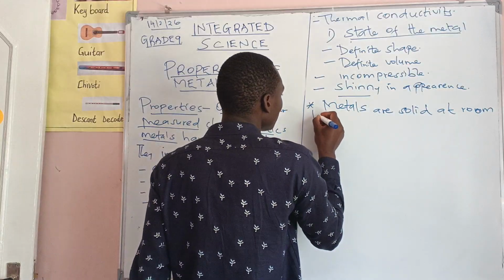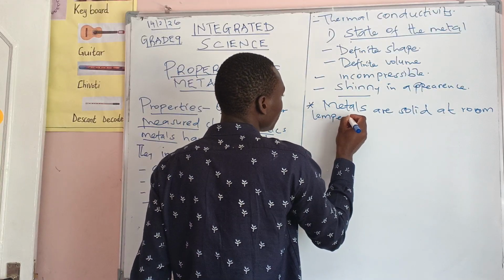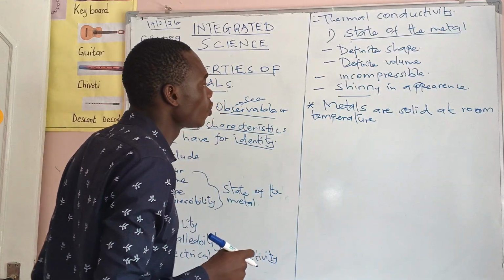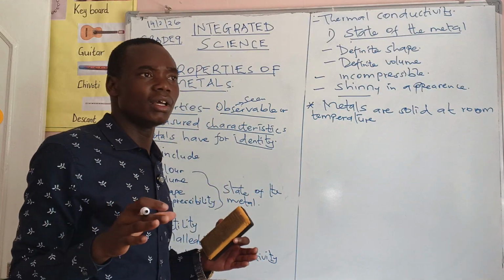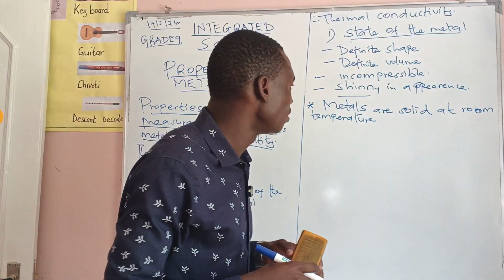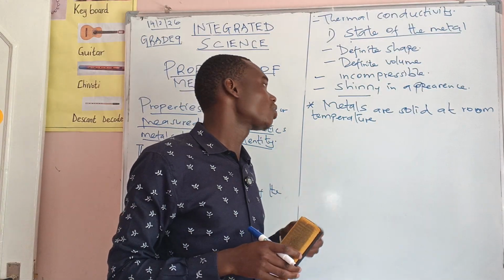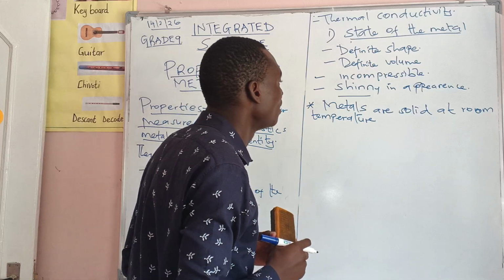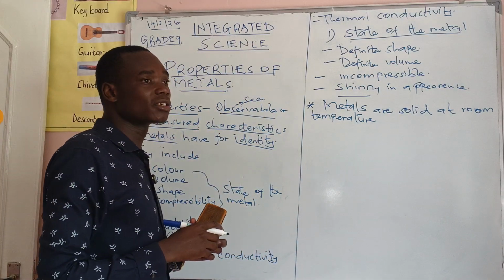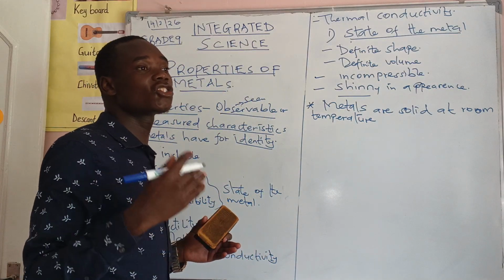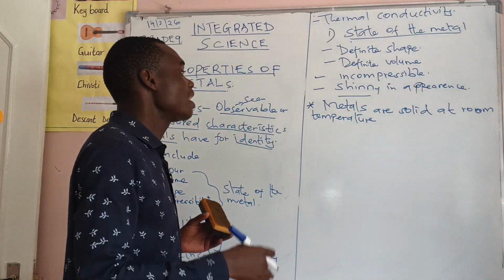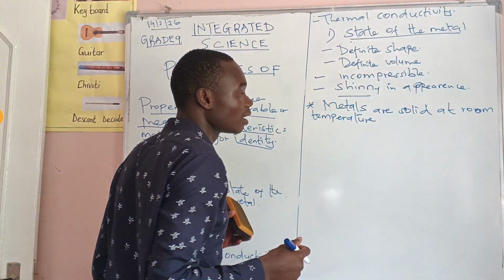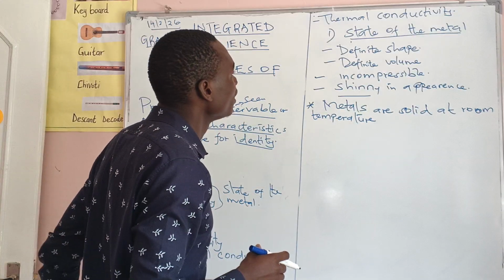The temperature of the room around you will make the metal to be solid, unless there is a change in temperature. If there is a change in temperature, the state will automatically change.